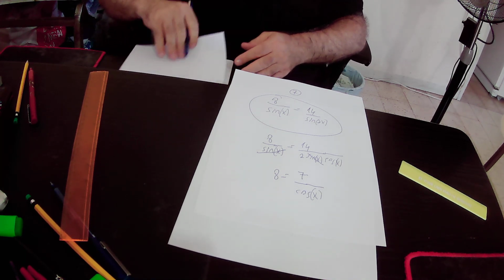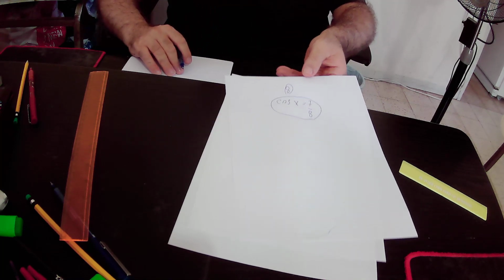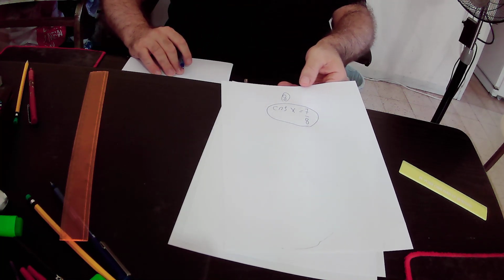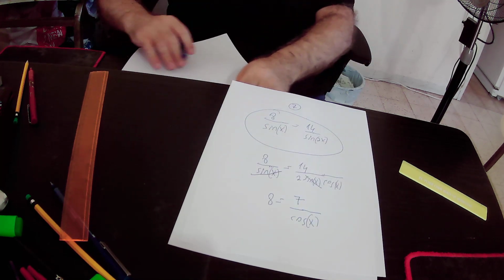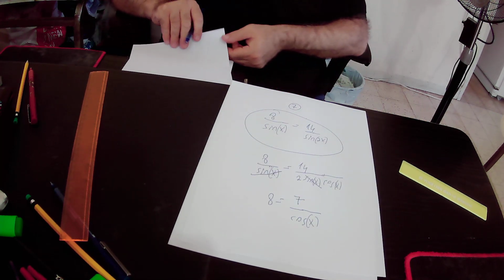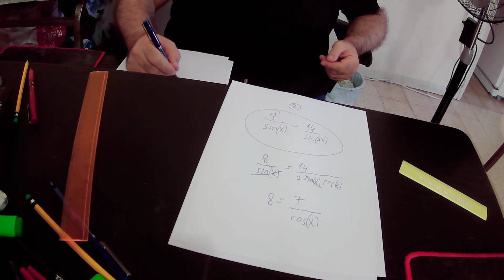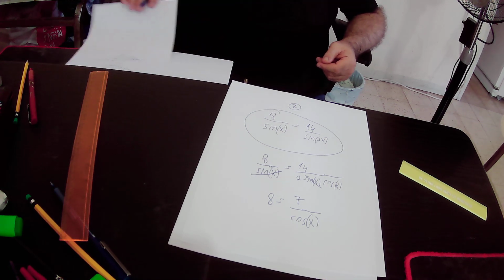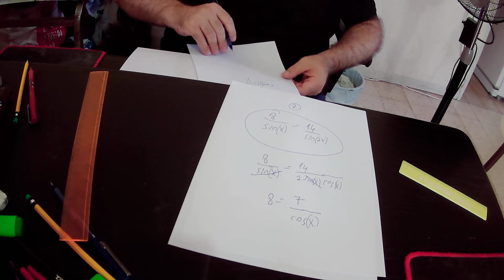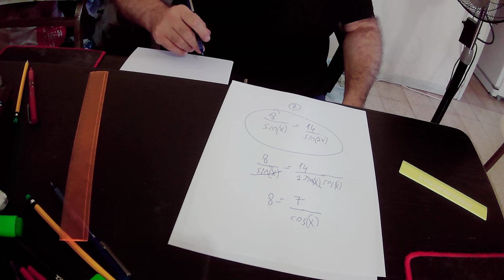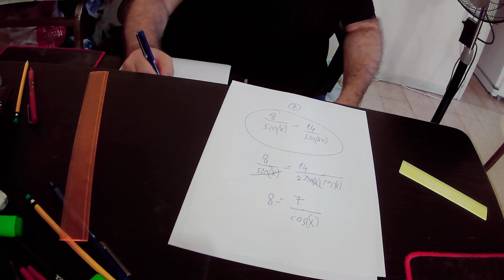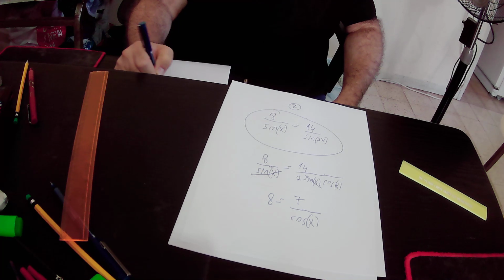Okay, we got that cosine x equals 7 over 8, and we have already found out that cosine x equals 7 over 8.